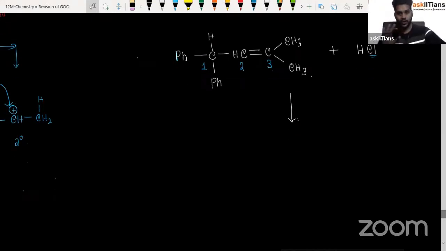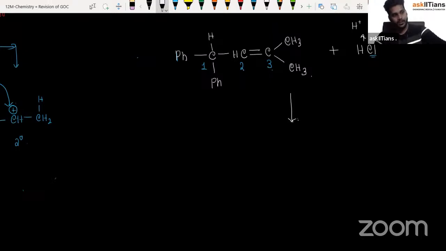All right. So what are the possible products for this? First, this would break into H plus and Cl minus, and the double bond would go and grab the hydrogen. Now, where is the hydrogen going to come? As I said, it's going to come to the carbon where it would make a carbocation which is comparatively more stable.